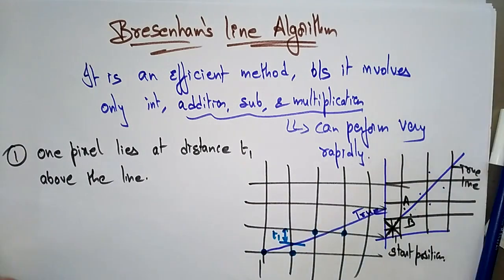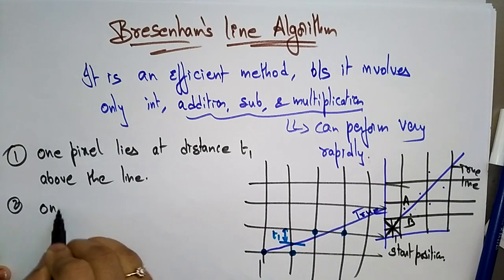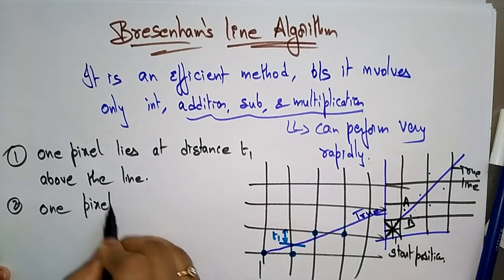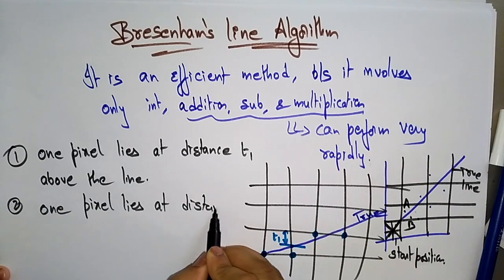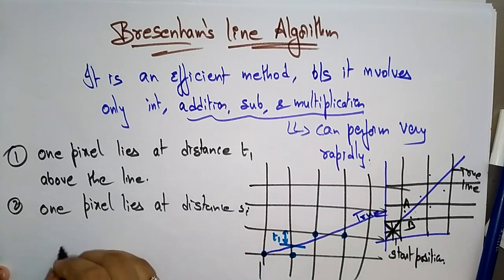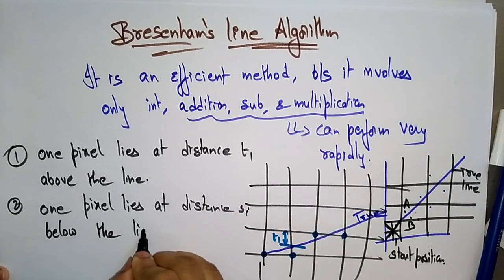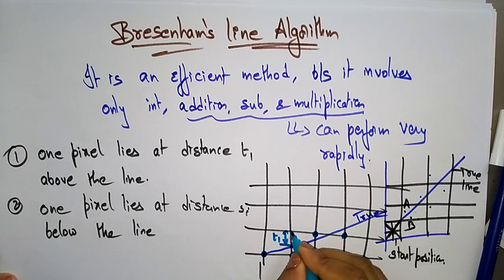And another pixel lies at a distance si below the line. So here one more pixel is there. From here to here the distance is t1, and from here to here the distance is si.